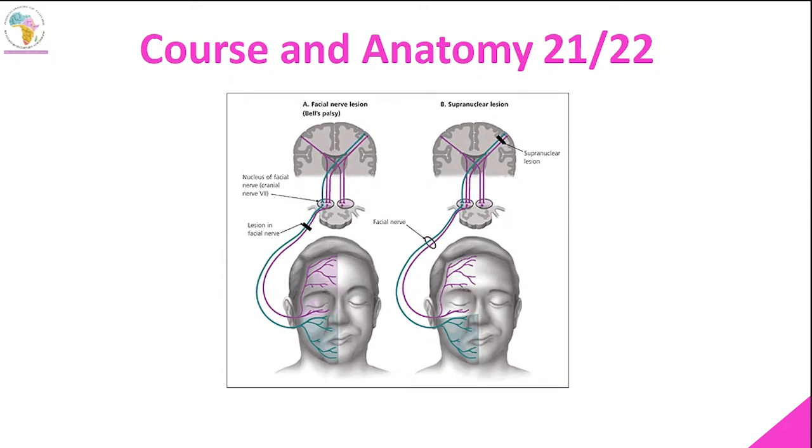There is also 50% coming from the contralateral side. Clinically, we always tell students that the upper part is spared in upper motor neuron lesions, but it's not really. It is affected, but at 50% on both sides, so it is weak, not like the normal one.